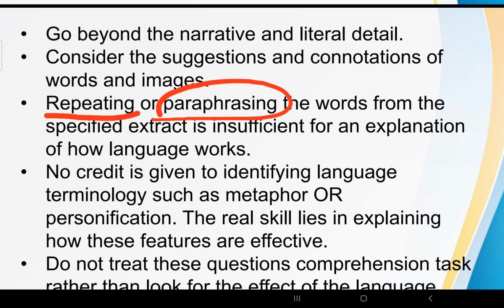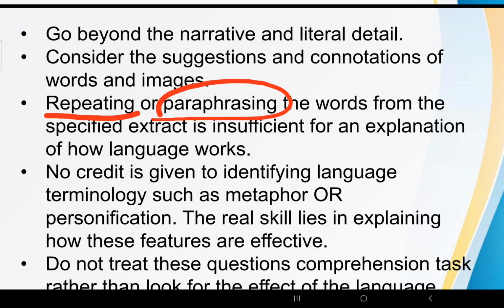Sometimes students just understand that the writer is using a simile, a metaphor, figurative language, personification or oxymoron or something like that. But it is not about identifying the language terminology. It is about, if a writer is using a metaphor, what is he trying to achieve by using that metaphor? That is the important thing.